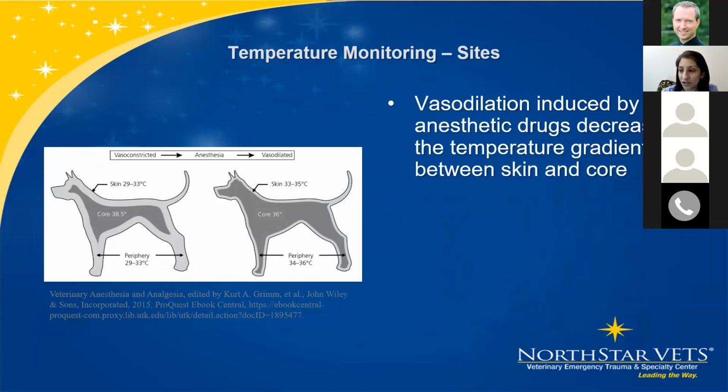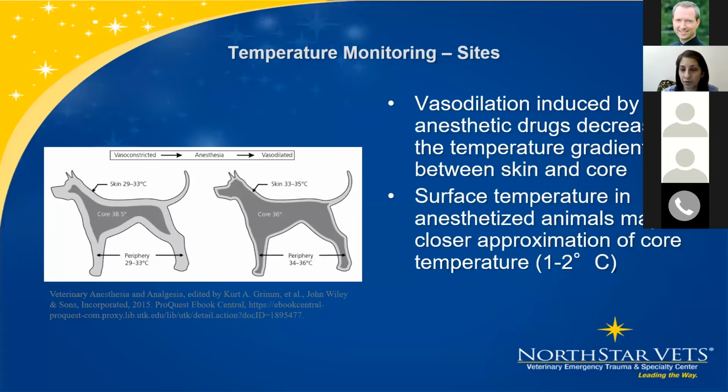Anesthetic drugs, especially inhalants, do induce vasodilation. And so this results in greater heat loss from the skin surface. They don't do the normal cold response where you vasoconstrict and save your heat for the core. So because they are losing heat through the skin surface, the surface temperature gets a lot closer to the core body temperature.